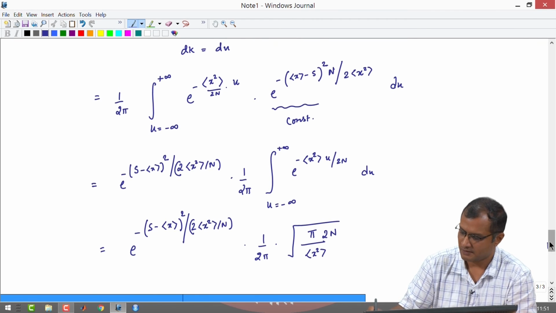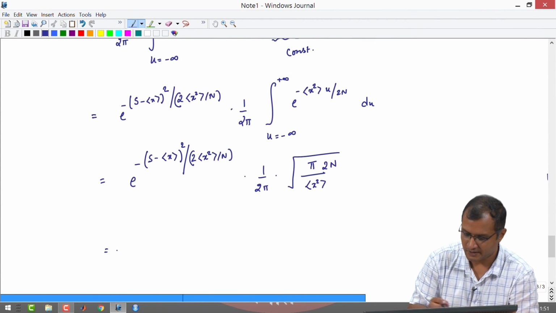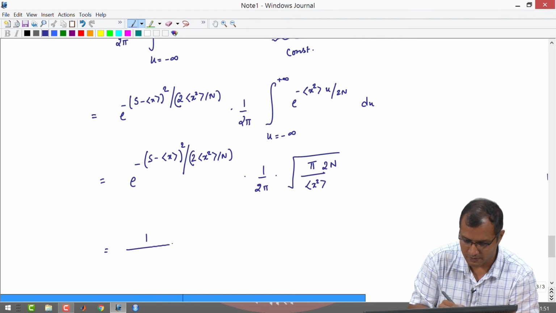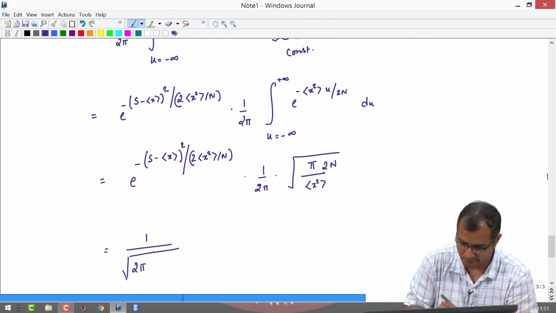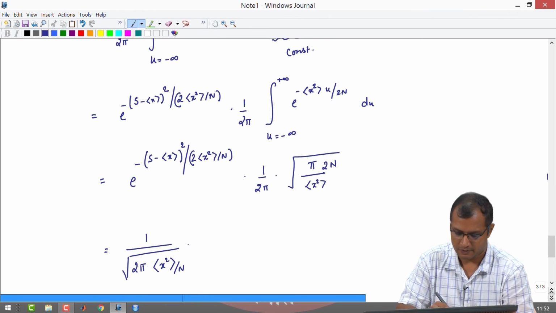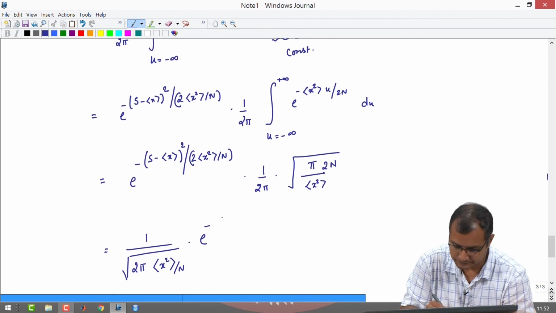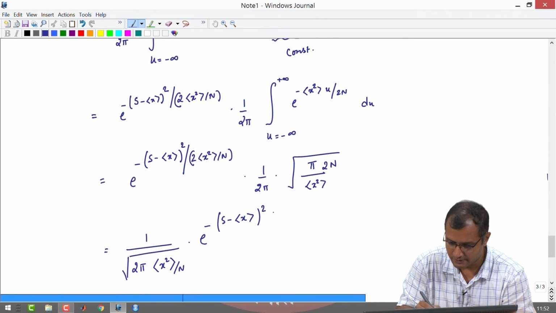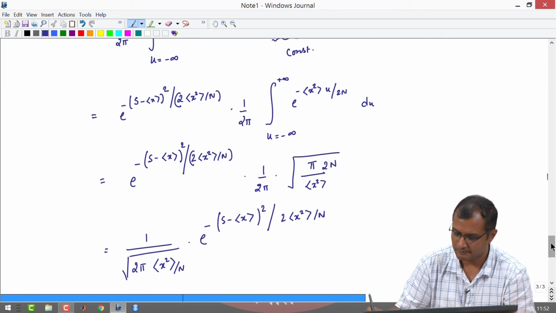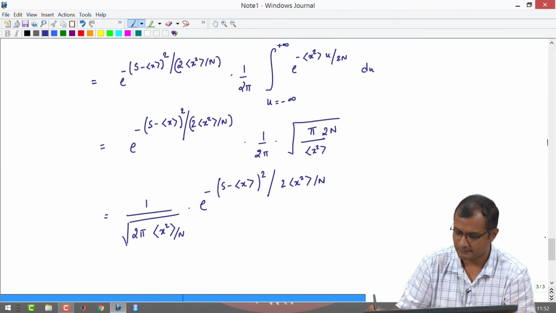So this would just be, if I write it as 1 upon square root of 2 pi, into e raised to minus s minus mod x the whole square divided by 2 times x square by n.